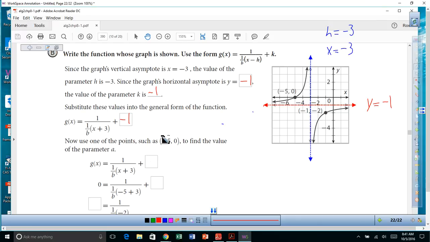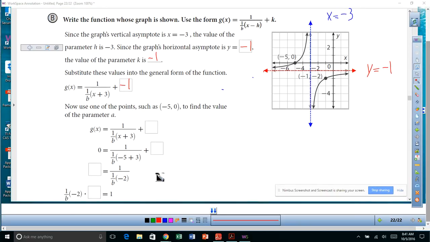Now use one of the points such as -5, 0 to find the value of the parameter. Okay, so we got -1 in there, we got -1 there. Okay, g of x, and then you put the 0 in for the y and the -5 in for the x, and it looks like they're adding 1 to both sides.